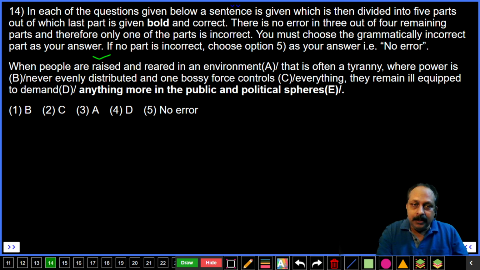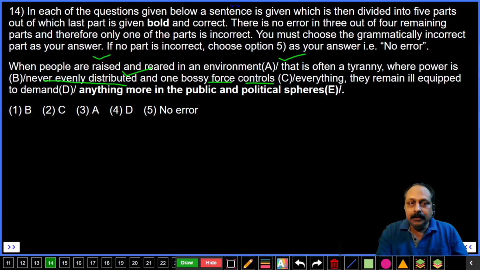When people are raised, this is a fact, but here it is in passive voice, so sentence should be in present tense. When people are raised and reared in an environment, nothing wrong with this part, and which environment that is often a tyranny, where power is, nothing wrong with this also, never evenly distributed and one bossy force controls, no problem, controls everything.